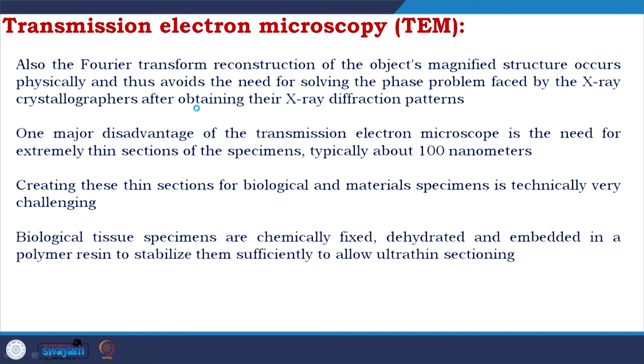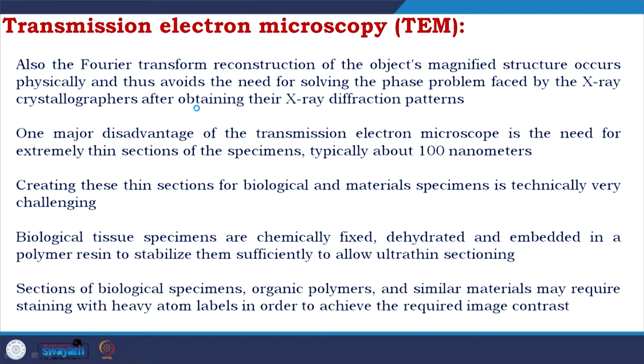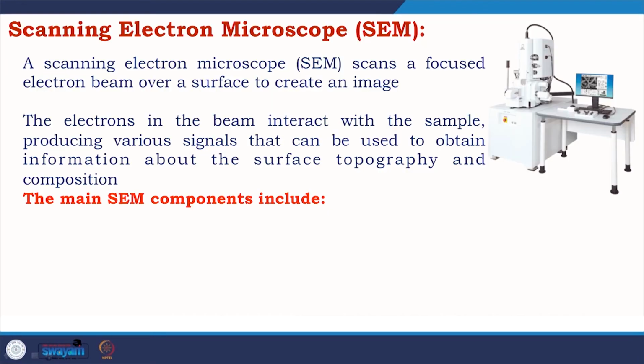Biological tissue specimens are chemically fixed, dehydrated and embedded in a polymer resin to stabilize them sufficiently to allow ultra thin sectioning. Sections of biological specimens, organic polymers and similar materials may require staining with heavy atom labels in order to achieve the required image contrast. Now, we are coming to the scanning electron microscope.